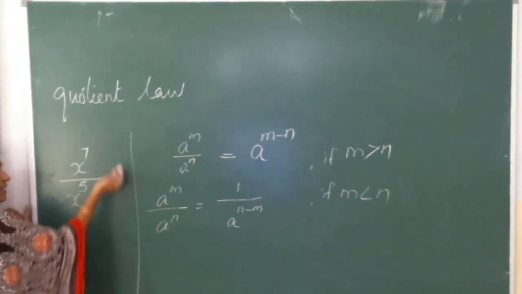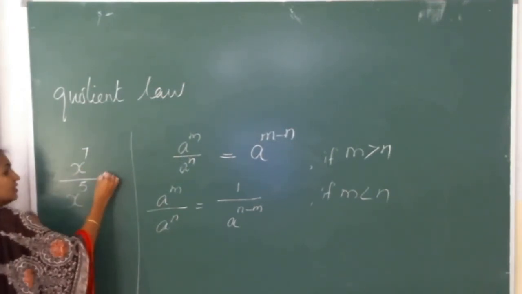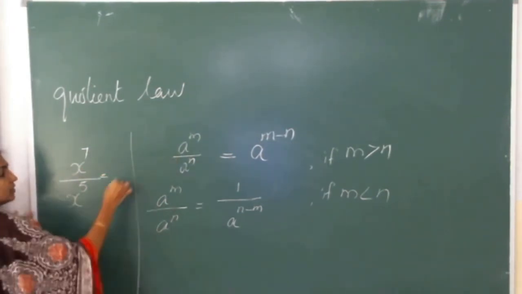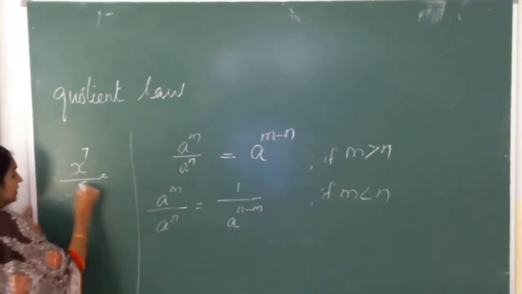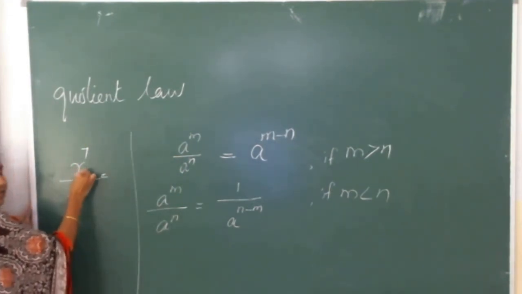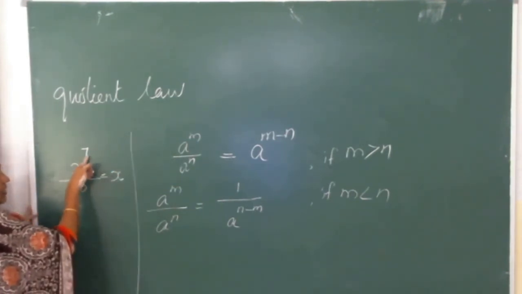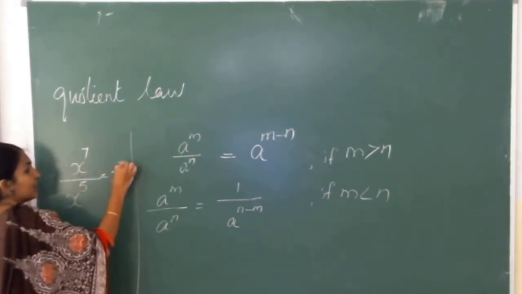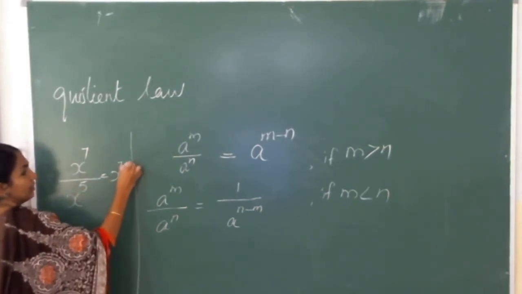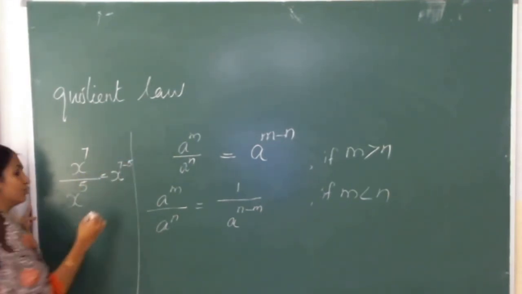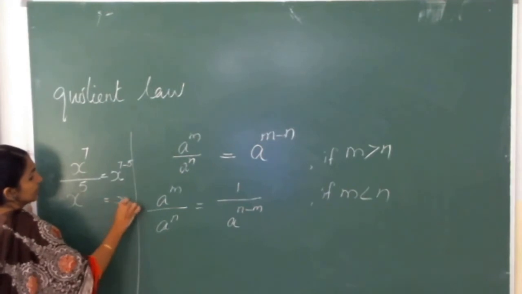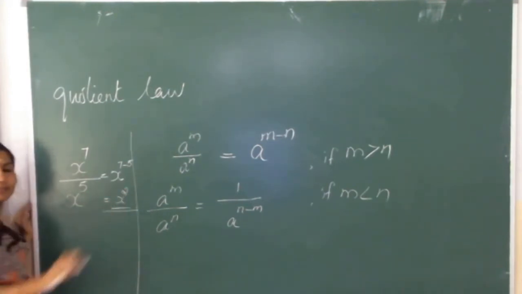So we have to take this one to the numerator, which is a raised to m minus n. So instead of a, here it is x. So x raised to, the biggest number is 7, 7 minus 5. What is 7 minus 5? 2. So the answer is x square.